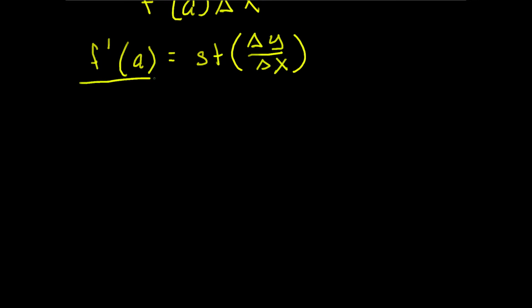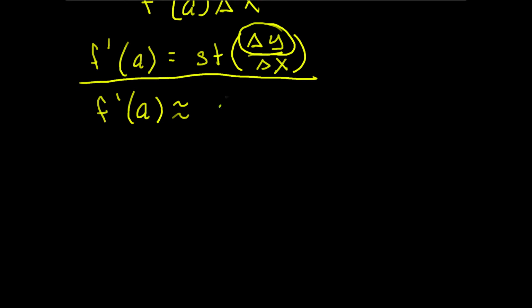Right? So we know this. This is our definition of the derivative. So I want to get a handle on this change in y then. Can I relate this back to the derivative? Well, if f prime of a is the standard part of this, that means they're infinitesimally close. So that means f prime of a is infinitely close to change in y over change in x.